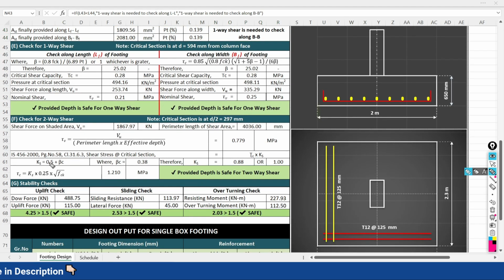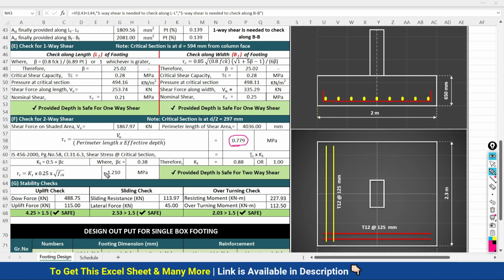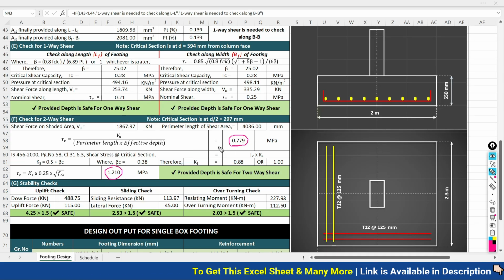So here again we are going to see the nominal shear. The nominal shear is 0.779 and the critical shear is 1.21. So again your design is safe for the punching shear or the two-way shear, because your nominal shear is less than your critical shear. So the provided depth is safe for the two-way shear.